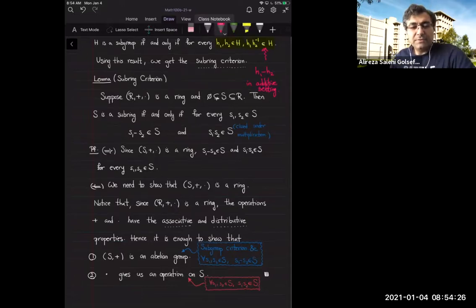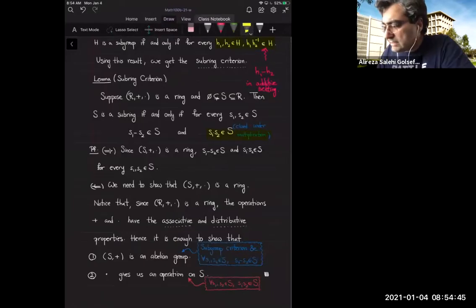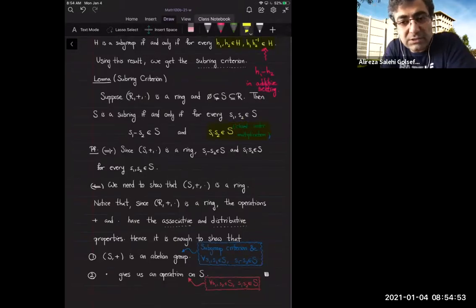Then this non-empty subset is a subring precisely when it is closed under multiplication, as I've written over here. That means if I take s1 and s2 inside this set, their product is also inside the set. In that case, we say this set is closed under multiplication.